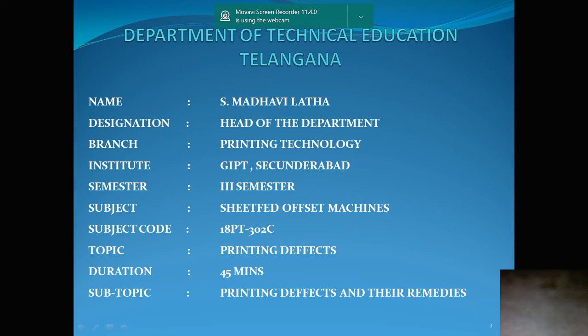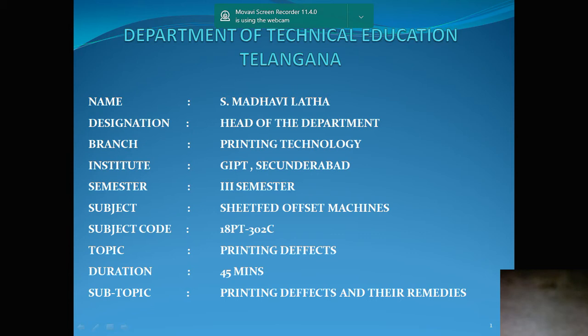These image areas are then transferred onto the blanket mounted on the blanket cylinder, and from there onto the substrate with the help of the impression cylinder, which gives the impression. On the plate cylinder the image is in readable form. When it is transferred onto the blanket it is in non-readable form, and again when it is transferred onto the substrate it comes back to readable form.